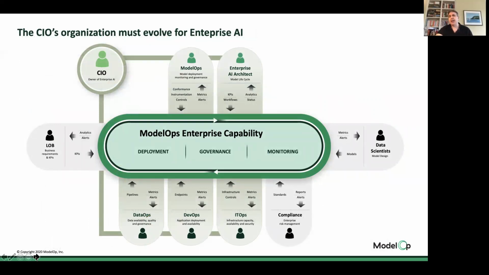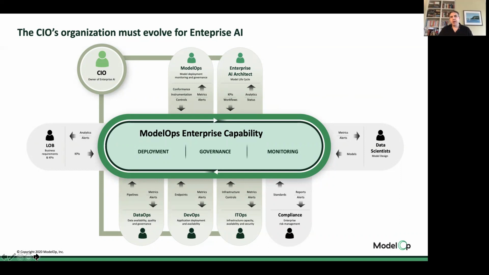I covered this a lot in the morning session, which is how the technology center, the CIO's organization, needs to evolve to support all the federated data science activity with the different tools, whether that's Dataiku, DataRobot, H2O, Jupyter, RStudio, all of the different specific tools that data scientists might use to solve specific problems in lines of business, build specific candidate models, do exploratory data analysis, and all of the different activities in model creation, what is often called the model factories.